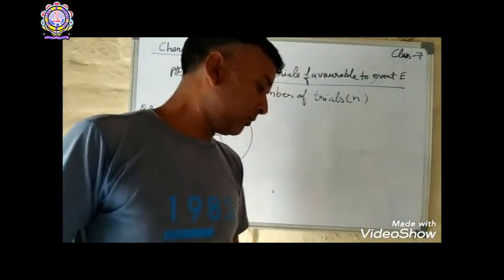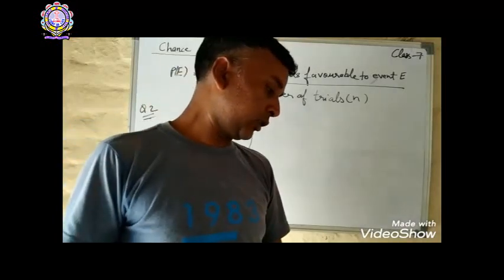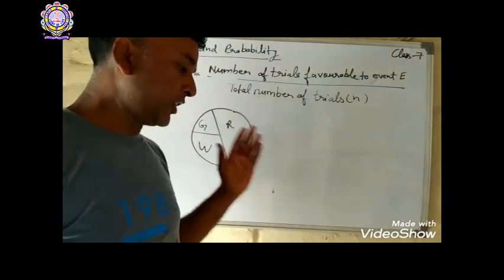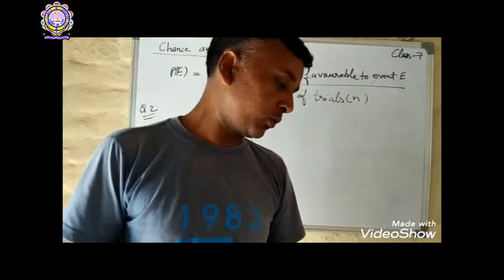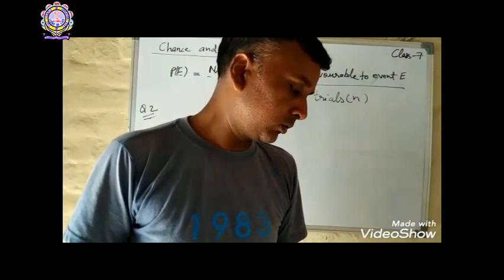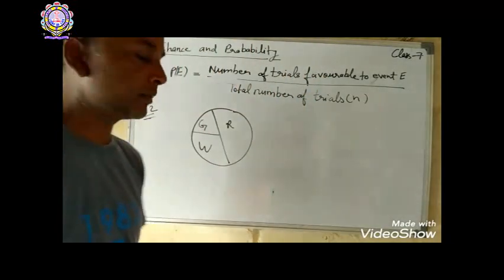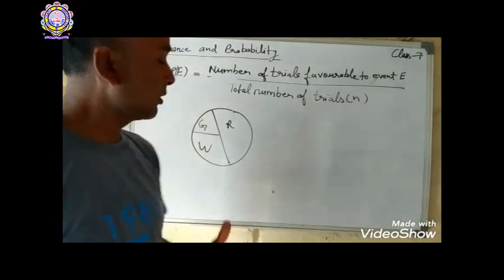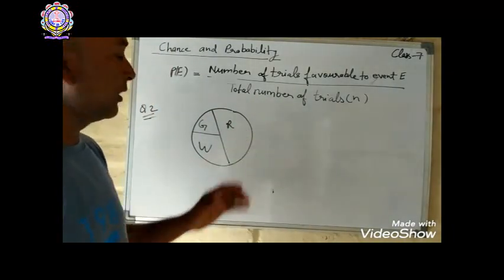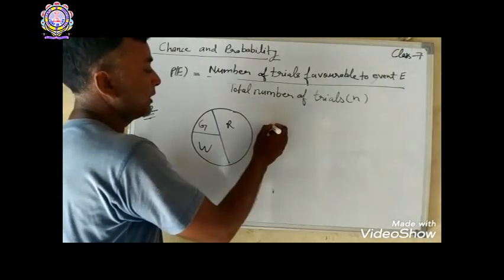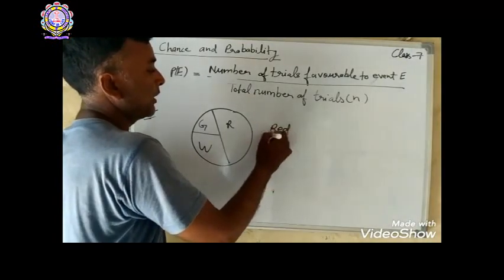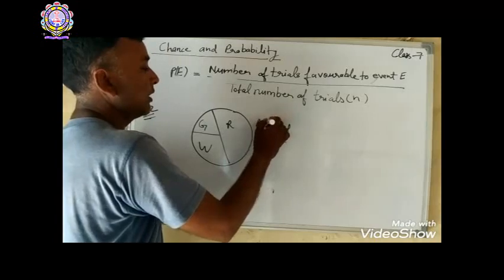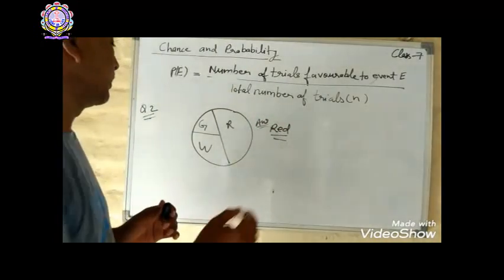When a spinner with the 3 colors is rotated, which color has more chance to show up with the arrow than the other colors? Obviously, the color with the larger share. That is red. So you just write the answer: red color. That is the solution.